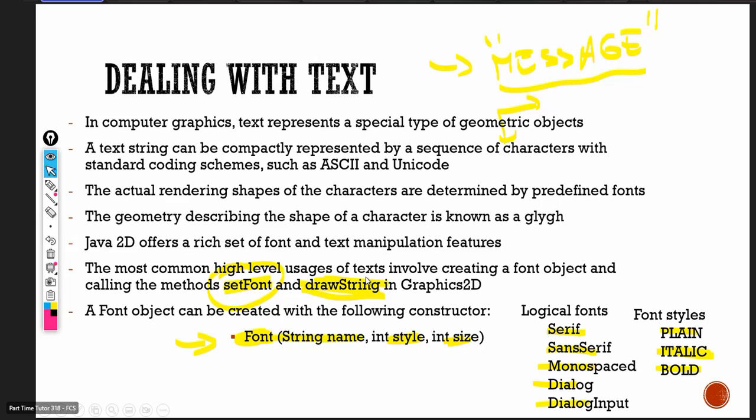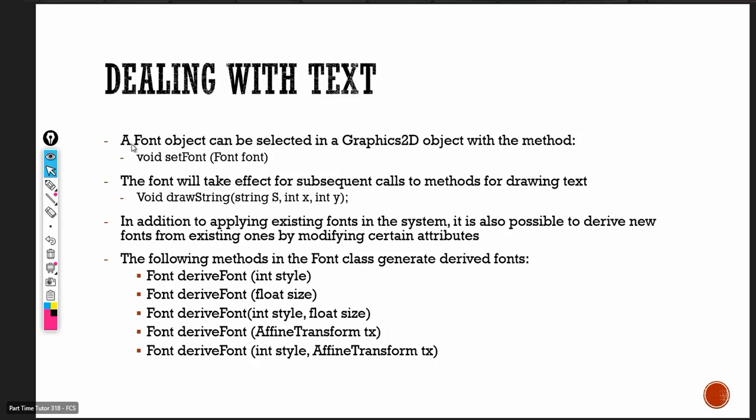So this is how to create and display text in Java. The font object is selected in Graphics2D with the method setFont. First we create the font, then apply it with setFont, and then draw the string.